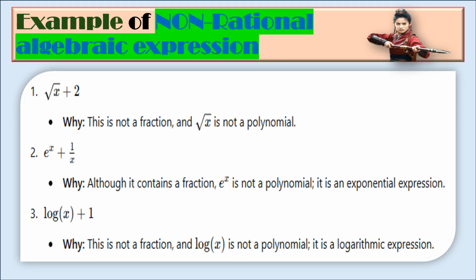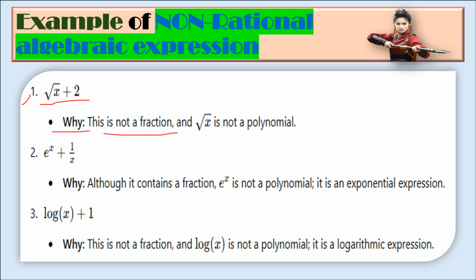Here are examples of non-rational algebraic expressions, to apply what we have learned about the rules. Number 1 is the square root of x plus 2. It is not a rational algebraic expression. Why? Because this is not a fraction.